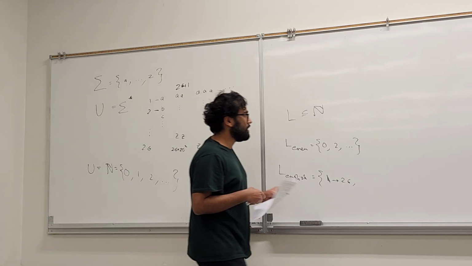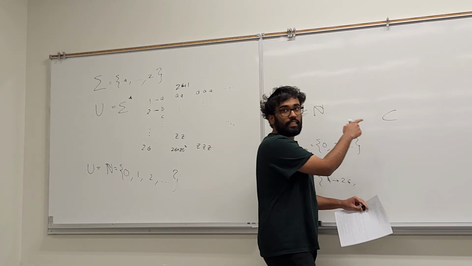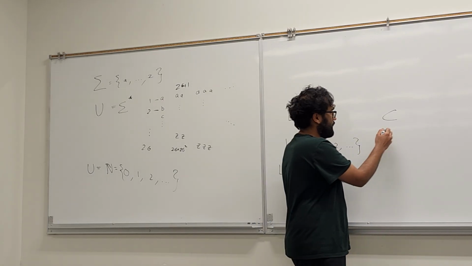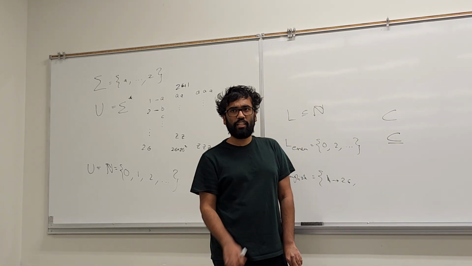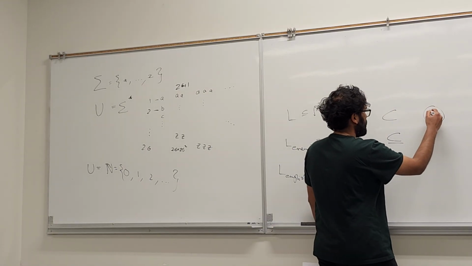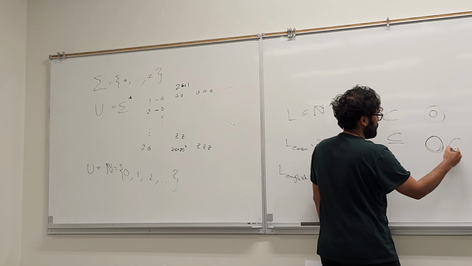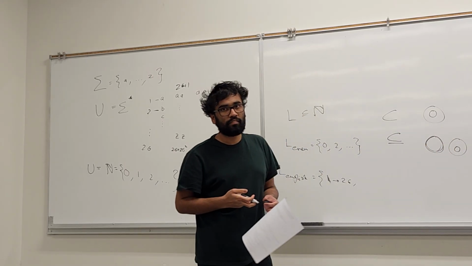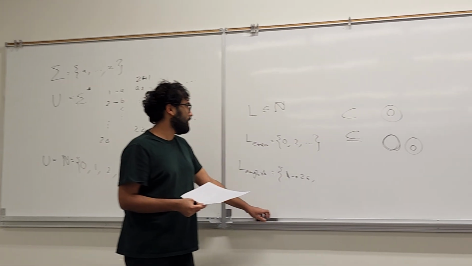All right. And yes, just a few more things. This is a strict subset, and this is a subset equal to. So it need not be strict. So I guess if I were to pictorially draw it, this means this, and either of those. Make sense? Okay.